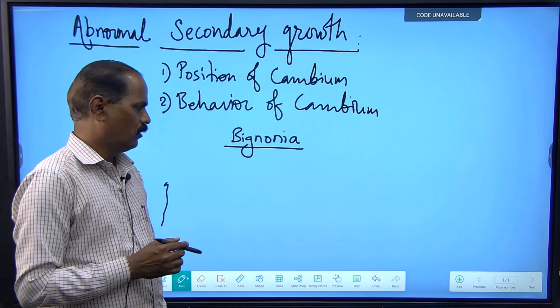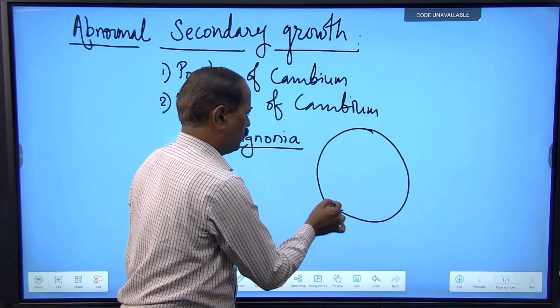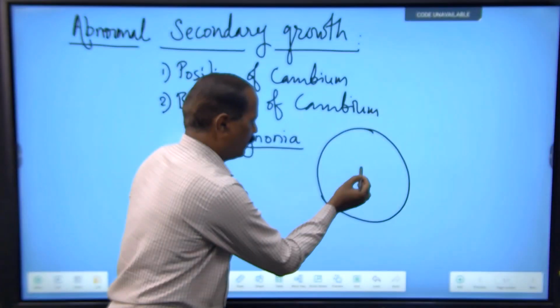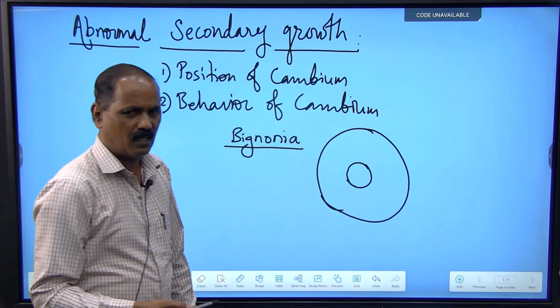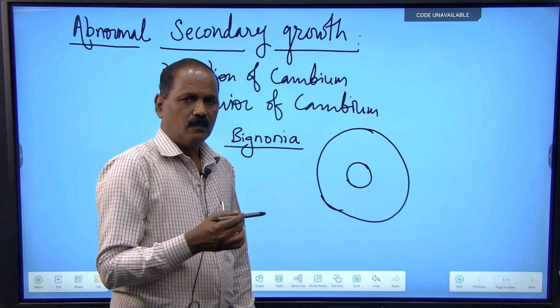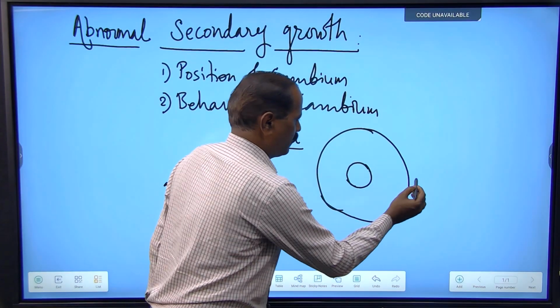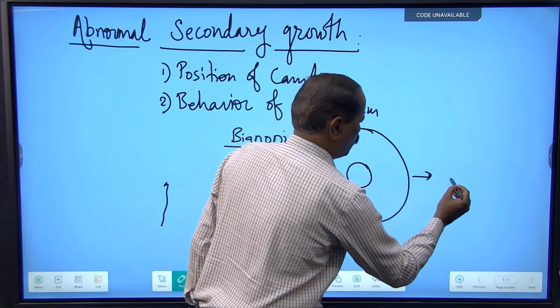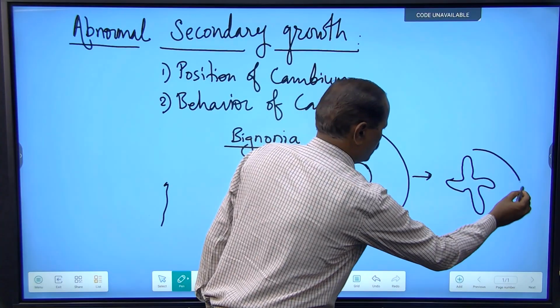For that, I will show an outline of a stem that shows that in the earlier stages the cambium is normal, but as growth takes place, the behavior of this cambium changes, and that leads to the formation of a wedge-like structure, and it looks something like this.